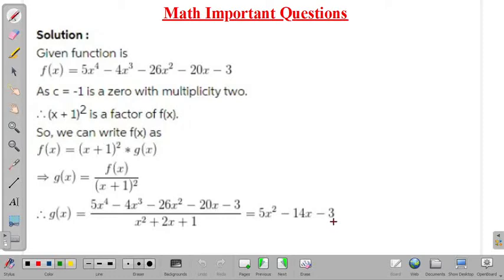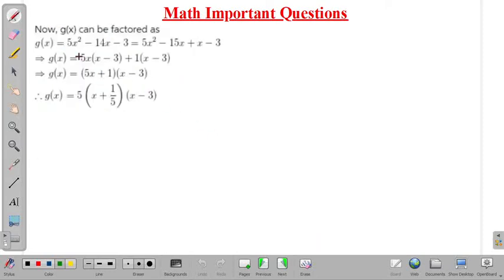Now we need to find the other zeros of the function. Okay. So you can see here it is a quadratic equation. g(x) is a quadratic equation, so we can write this g(x) in the form of factors. So g(x) can be factored as 5x square, see, this minus 4x can be written as minus 5x plus x. Okay.